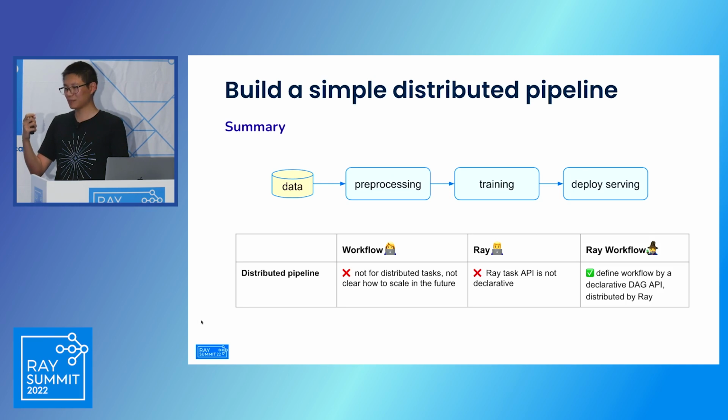But the Ray task API is not declarative. It will be executed eagerly, and it's not good for validation and visualization before execution. And with Ray workflow, you can define a workflow by a declarative API, and the workflow will be run in a distributed way by Ray.